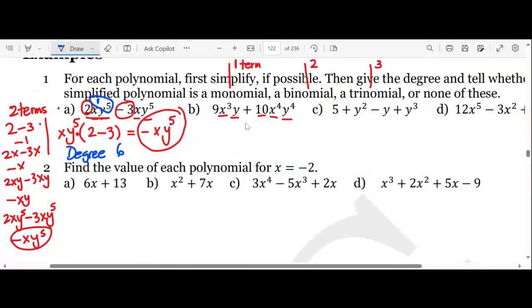Nothing else, right? What about this one? We cannot simplify, right? Why we cannot simplify? Because the power is different. Here you have 4, here you have 3. Here you have 4, here you have 1. So I cannot simplify.